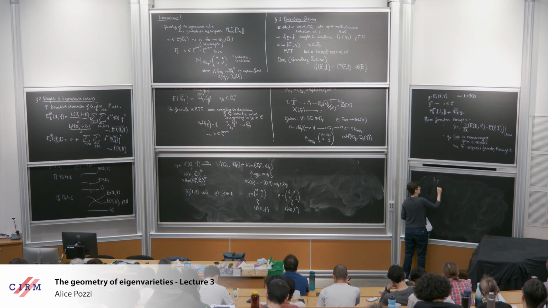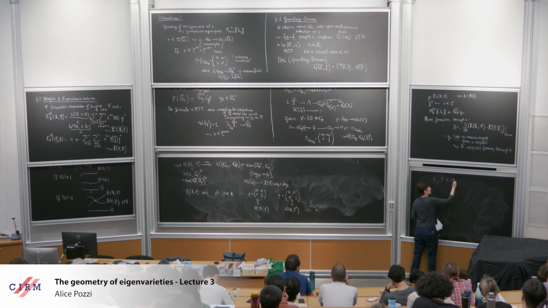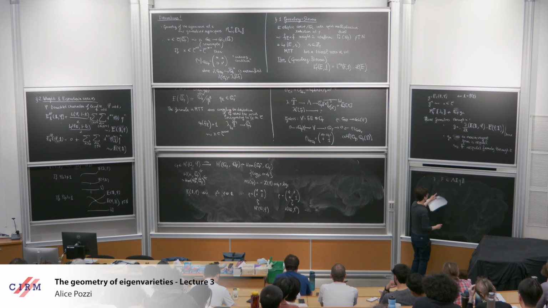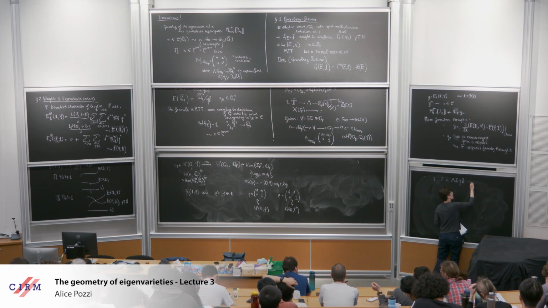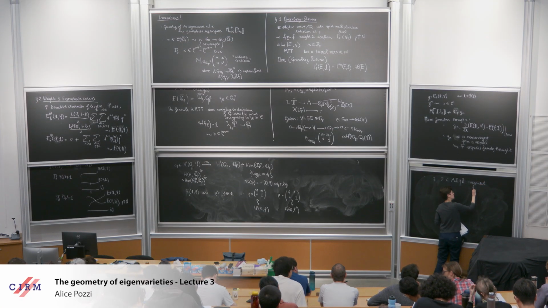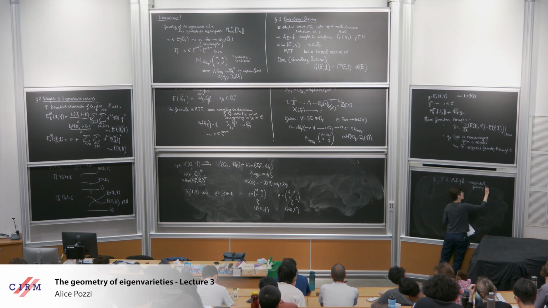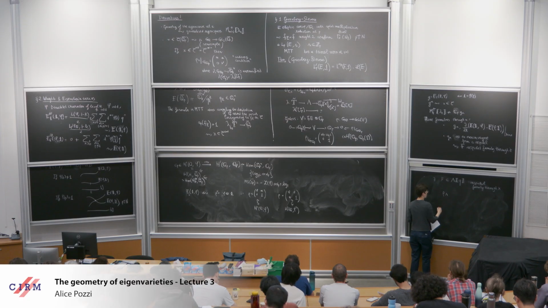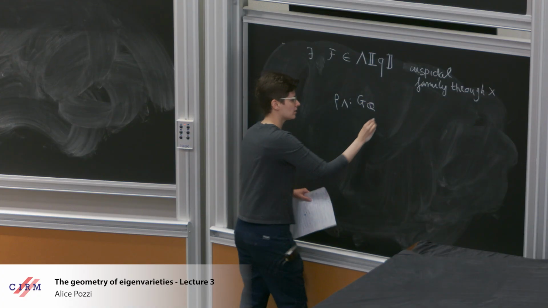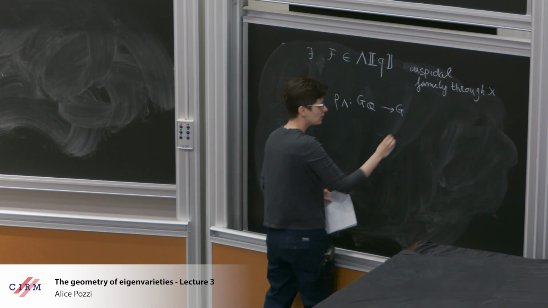So there exists a family in lambda double bracket Q corresponding to a cuspidal family through X. And I can't really pin down the Galois representation in a very certain way that corresponds to this family, because I can change lattices inside of it.